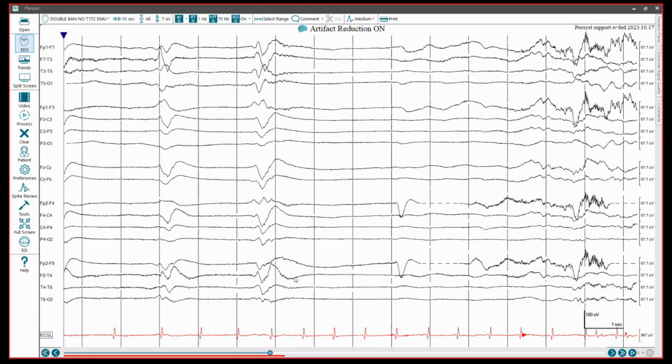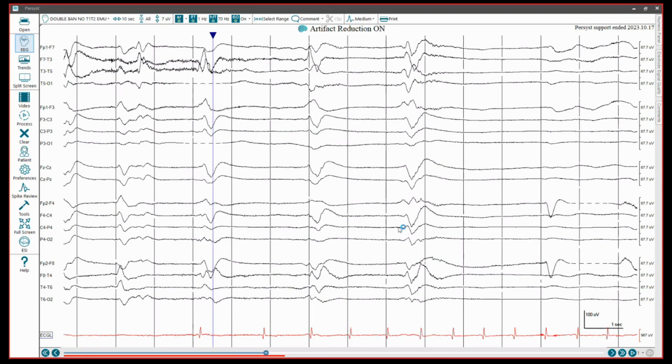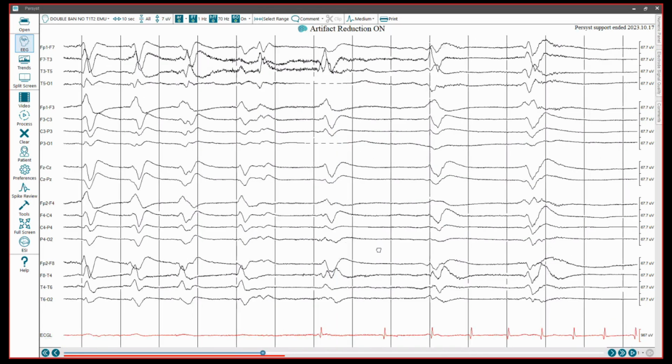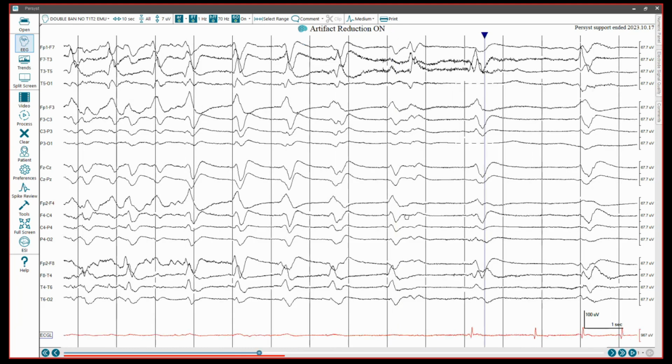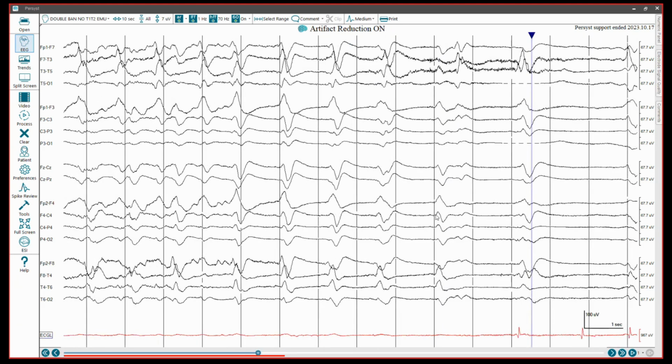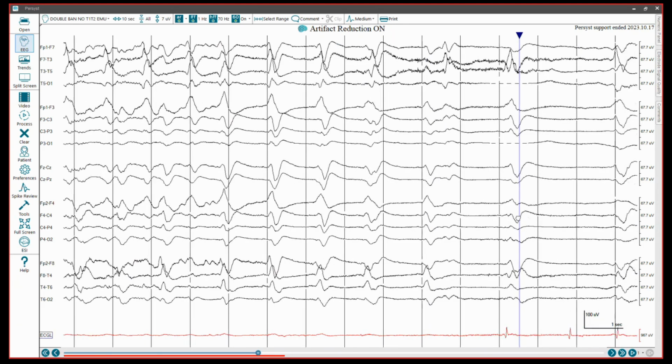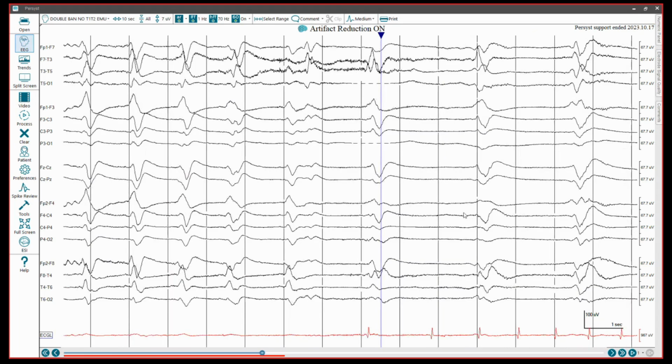And in addition, burst suppression needs to have more than 3 phases. So here we have almost like a triphasic morphology. We have an up negative phase, a down second phase, and then a third negative phase. 1, 2, 3. So these are best characterized as generalized periodic discharges.